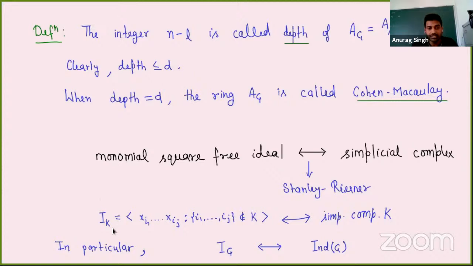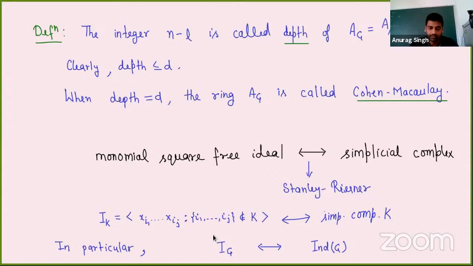This ideal is called the Stanley-Reisner ideal associated with the complex K. When you take the quotient, you get F[x1, ..., xn], where n is the number of vertices, quotiented by I_K. On the other hand, you have the complex K. The Cohen-Macaulayness of this complex is the same as the Cohen-Macaulayness of the ring you get as a quotient. When you restrict yourself to the independence complex, the ideal that you get is the edge ideal.